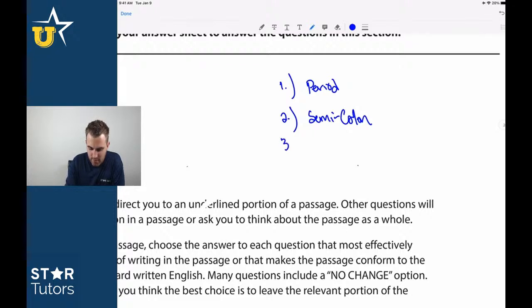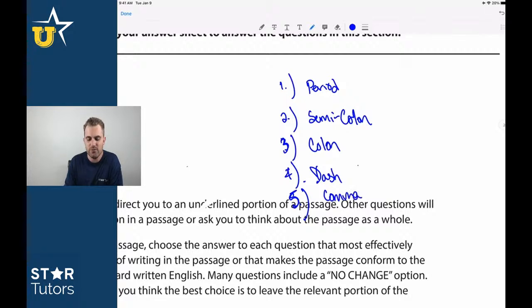Then a colon, then a dash, and finally, last but not least, you should try a comma. If you don't see any of the first 4, then it's not going to be right, and you just go to the comma, which is also tested.